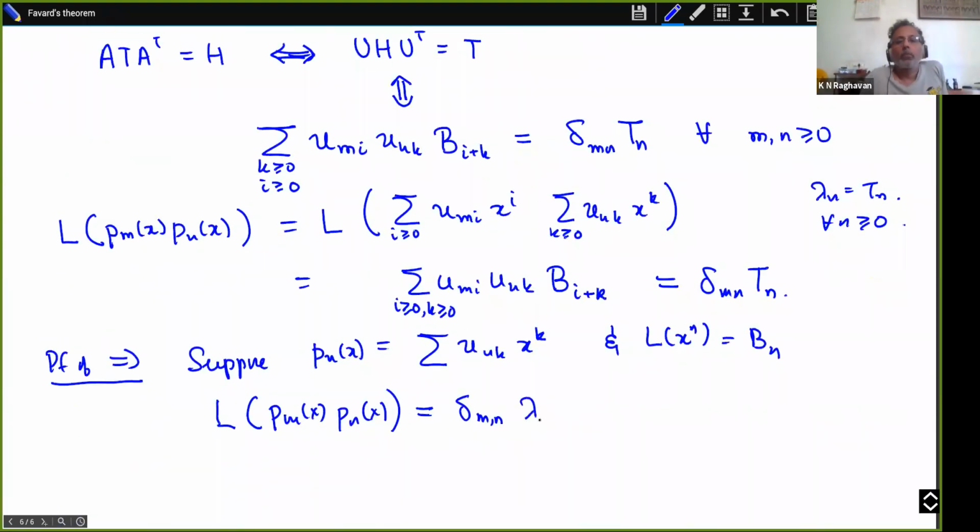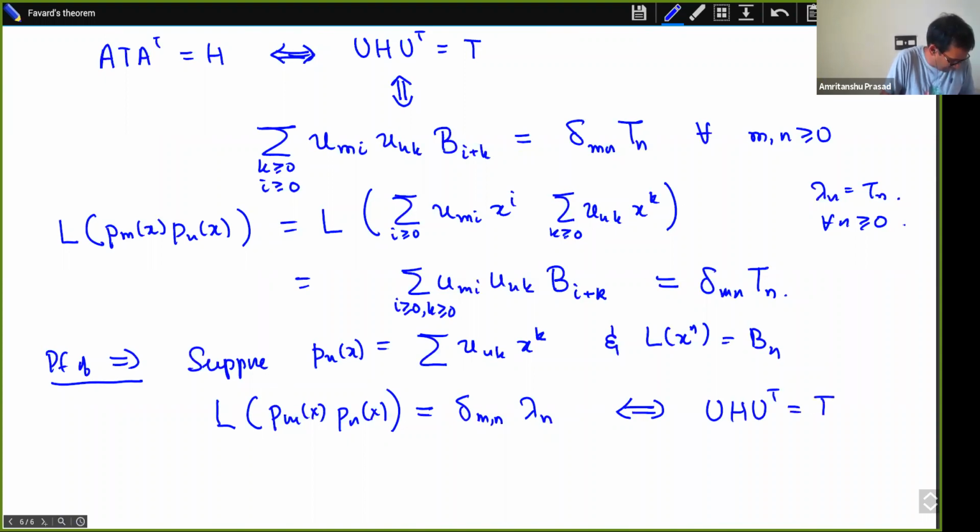So showing that this is equivalent to showing that U H U transpose is equal to T. So just the same calculation.